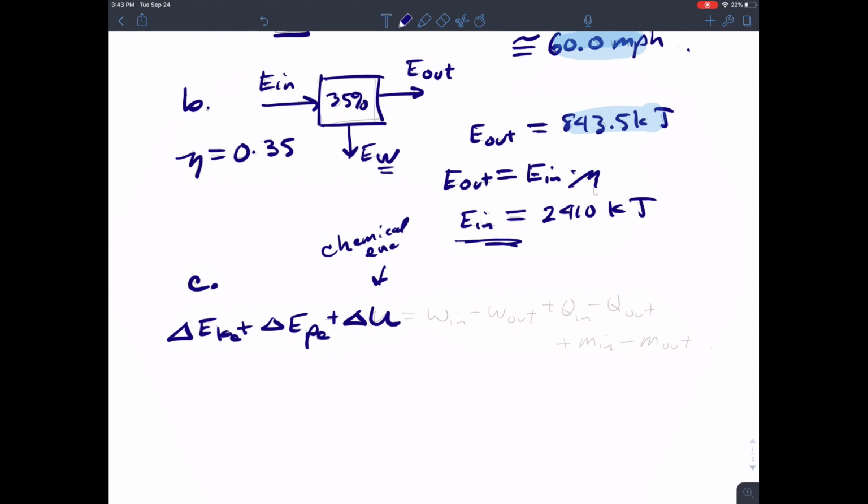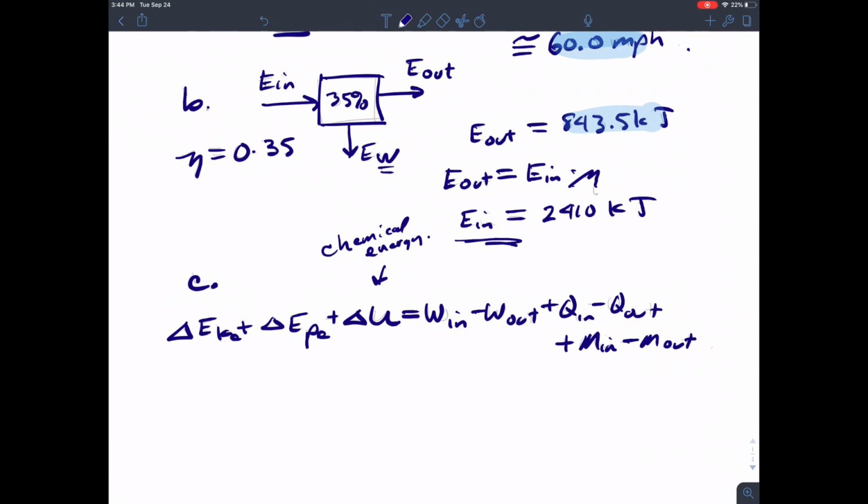This comes from the gasoline. That's equal to the work in minus the work out, plus heat in minus heat out, and then plus a mass difference, mass in minus mass out.